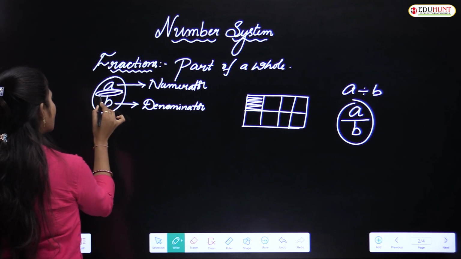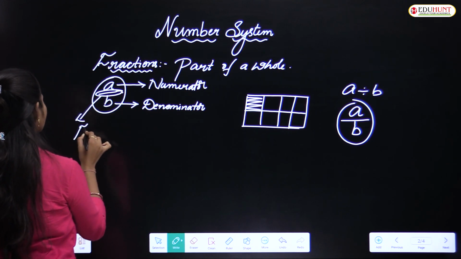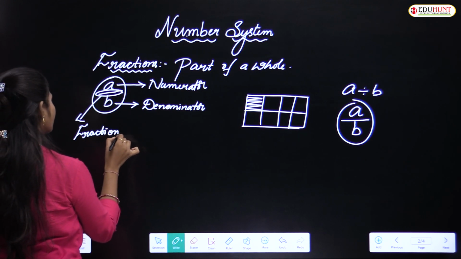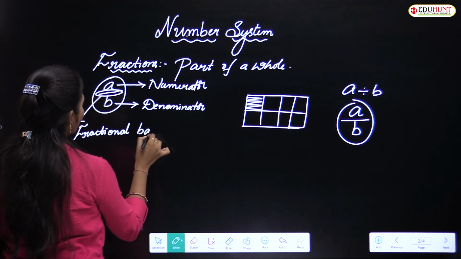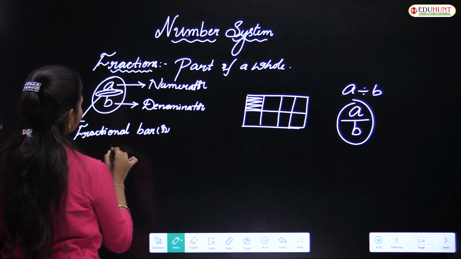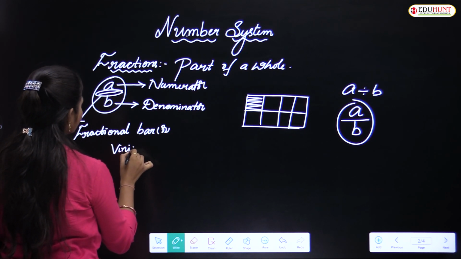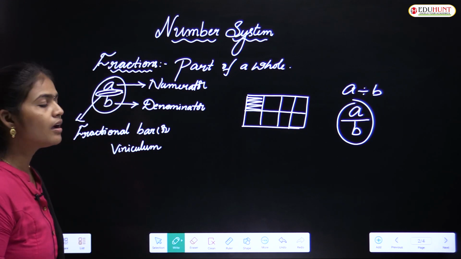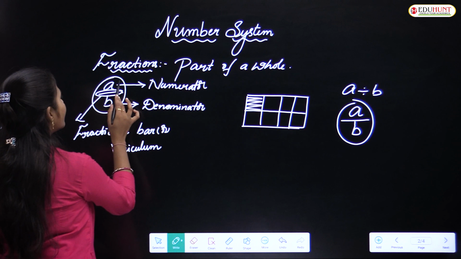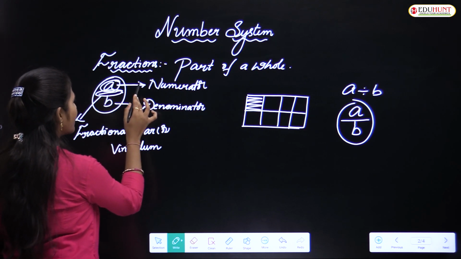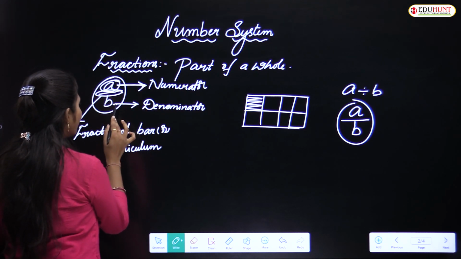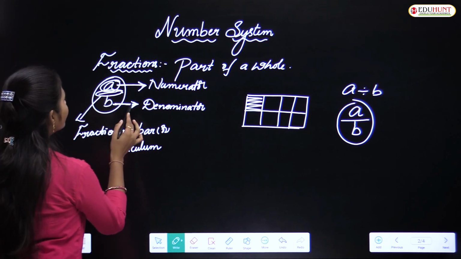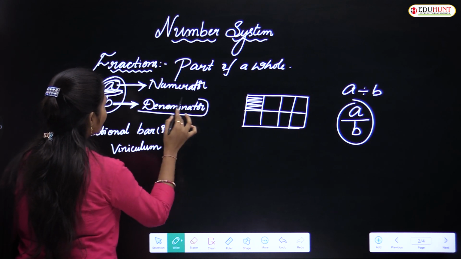This bar is known as the fractional bar, or vinculum. Above the fractional bar is the numerator, and below the fractional bar is the denominator.